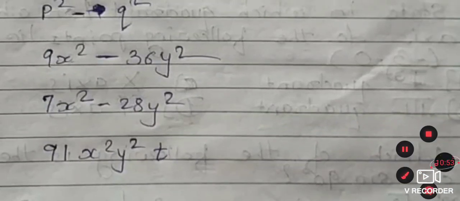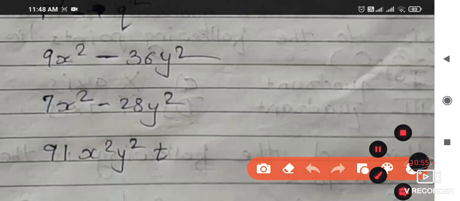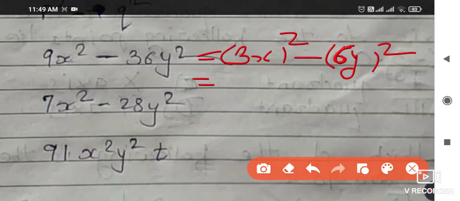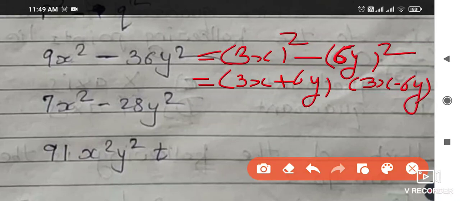Okay, now in the next example, 9x square minus 36y square. 9x square means 9 is the square of 3, x bracket square, minus 36 means 36 is square of 6y bracket square. Okay, so here again you got the factorization of a square minus b square, and its factorization is 3x plus 6y and 3x minus 6y. Okay, so just solve this example in this way.